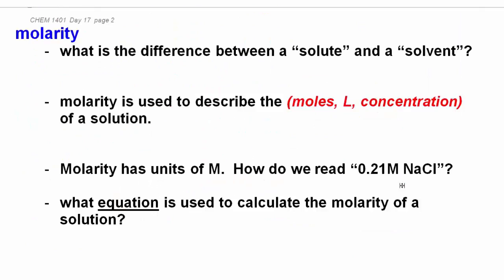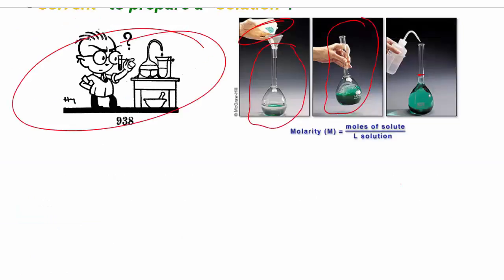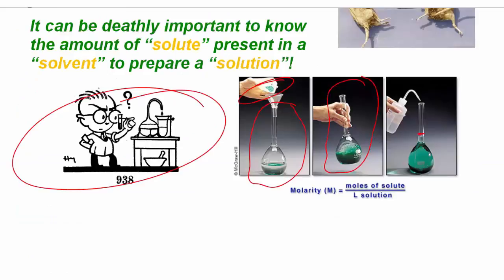So molarity. What is the difference between a solute and a solvent? Well, the solute is what you're dumping into the flask, right? And the solvent is what you're filling it up to the mark with. What's interesting is that the solute does not need to be a solid. The solute could be a liquid. The solute could be a gas. The point is that there's always less solute than solvent.